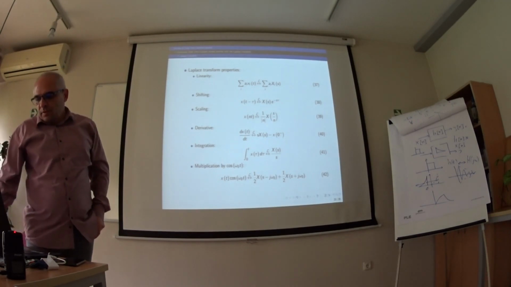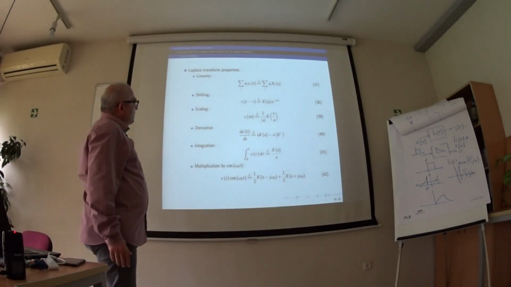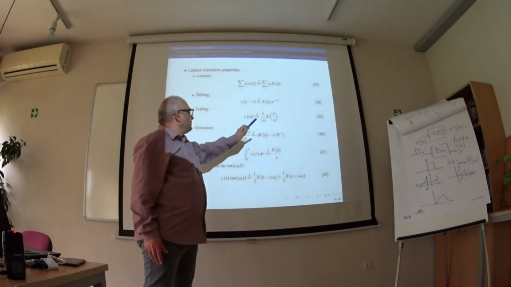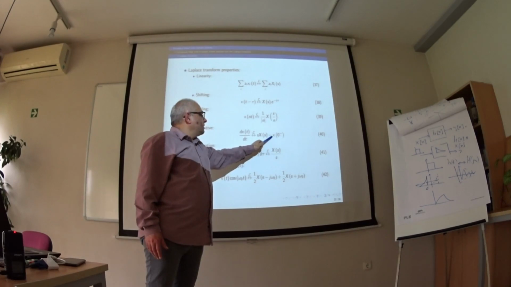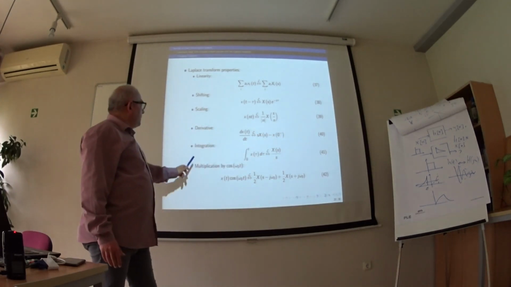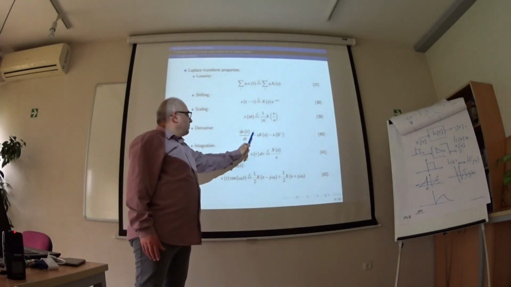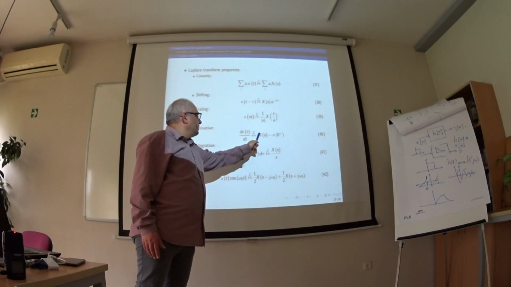Some properties of the Laplace transform are very similar to the Fourier transform: linearity, time shifting, scaling, derivative. This term is the initial conditions. Integration: we divide by the operator s, and in derivative we multiply.